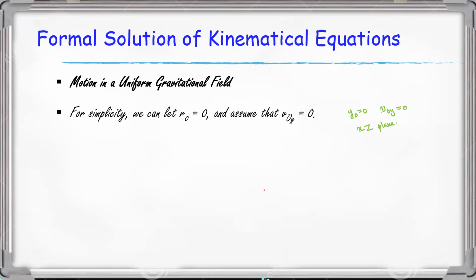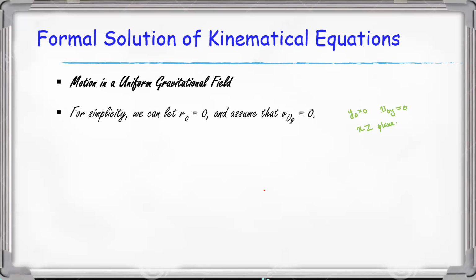So the previous equations, we have got three equations. First is x is equal to x0 plus v0x into t, and y is equal to y0 plus v0y into t, and z equal to z0 plus v0z t minus half g t square. In that, the second equation vanishes because y0 is equal to 0 and v0y is equal to 0.